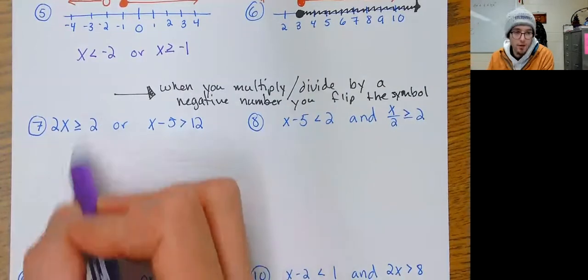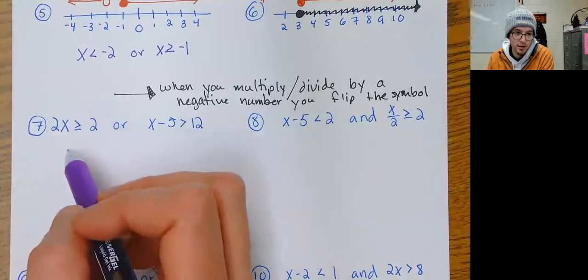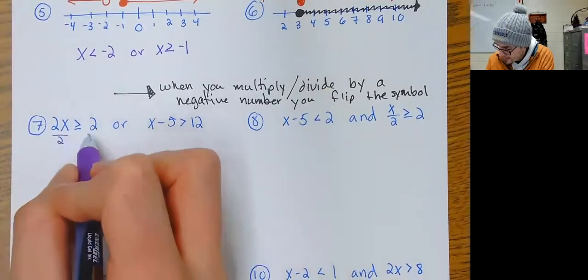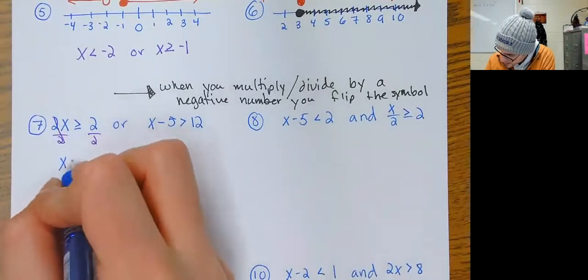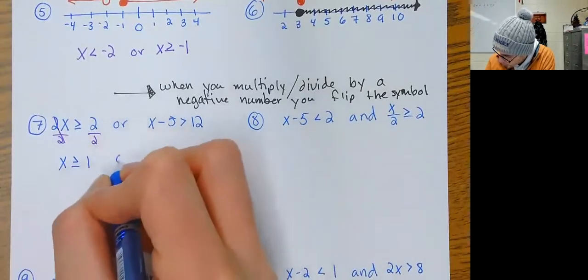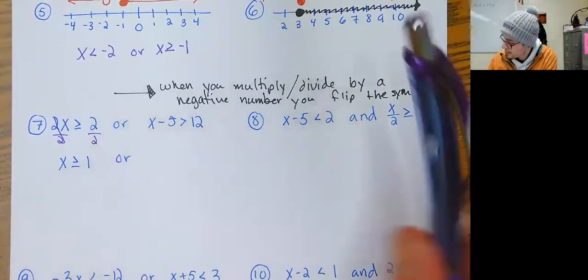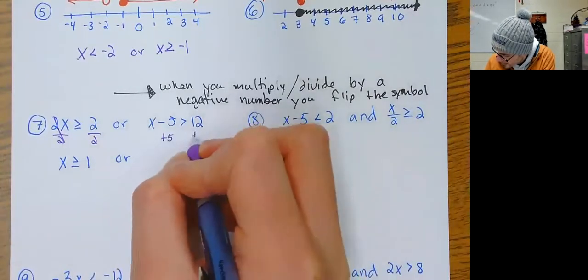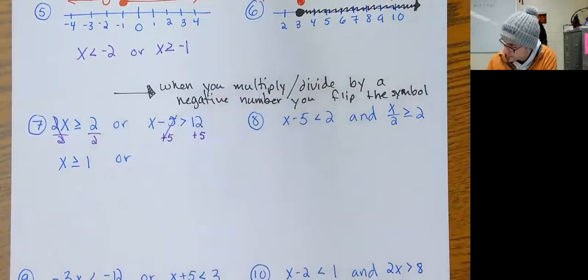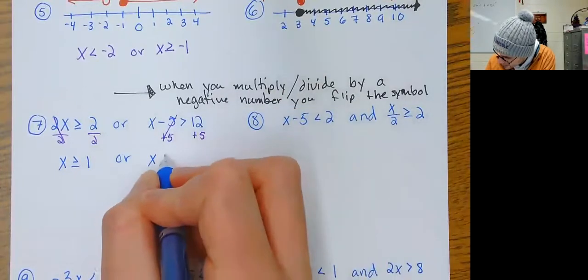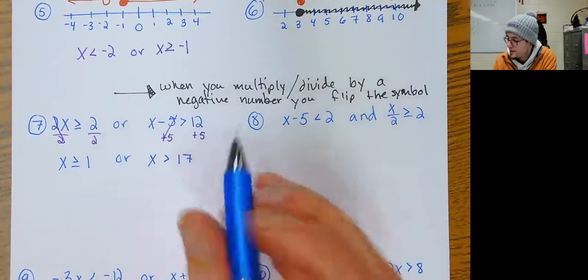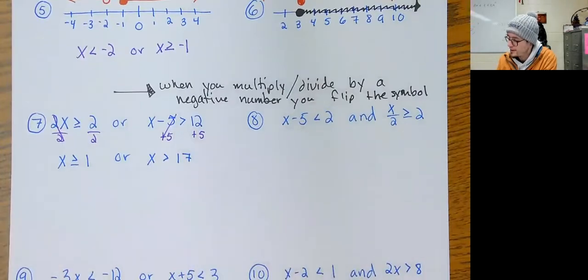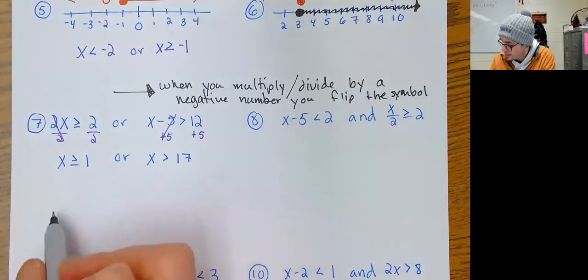So in order to solve this inequality, divide by 2, divide by 2, you get x is greater than or equal to 1. Or add 5, add 5, x is greater than 17. Now my expectation for my students is you'd be able to graph this, and I don't expect a super detailed graph.